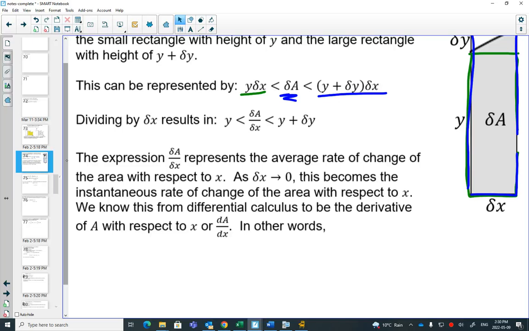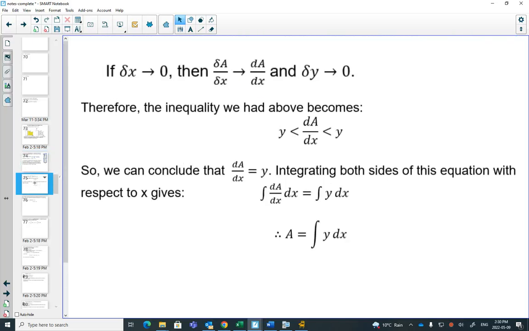So this is the idea, which means that we turn our equation, and this is where the symbol's italicized delta becomes a d. As it goes to 0, it becomes the actual derivative. And this would also mean that dy would go to 0 as you make it really small. And then the inequality becomes this. Because what did we have before?